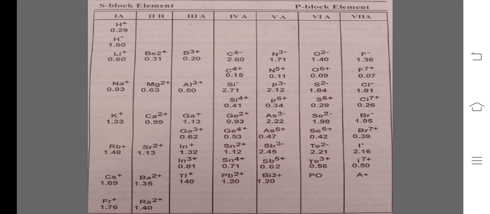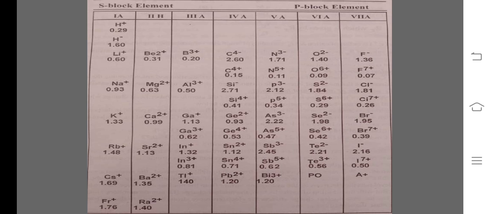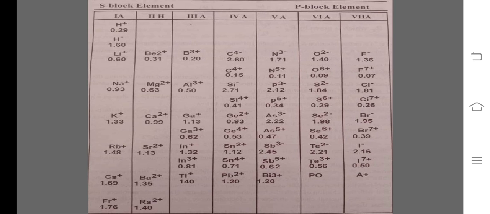Now here is a table showing the ionic radii. If we go top to bottom in a group, then the ionic radii are: H plus 0.29, lithium plus 0.60, sodium plus 0.93, potassium plus 1.33, rubidium plus 1.48, cesium plus 1.69, and francium plus 1.76.